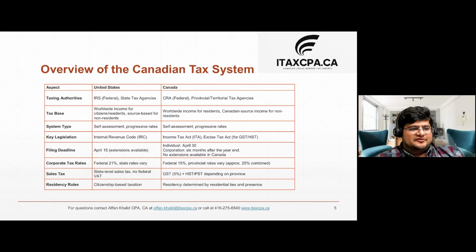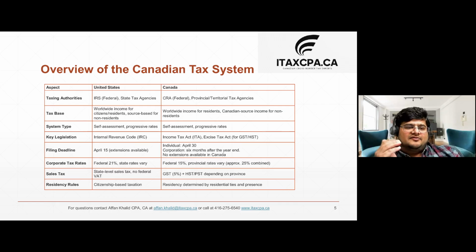So first of all, from a Canadian tax perspective, some general overview. Like you have the IRS, in Canada we have a tax agency called the CRA, Canada Revenue Agency, which is a federal body that oversees making sure companies, individuals and taxpayers are in compliance with the Income Tax Act in Canada.